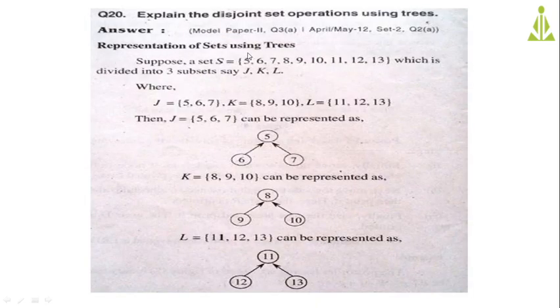So here, representation of a set using a tree. How will you represent a set using a tree? Suppose we have S equals 5 6 7 8 9 10 11 12 13. These are the elements in the set S, and this I want to divide into 3 subsets, say J, K, L. So J has 5 6 7, K has 8 9 10, L has 11 12 13.